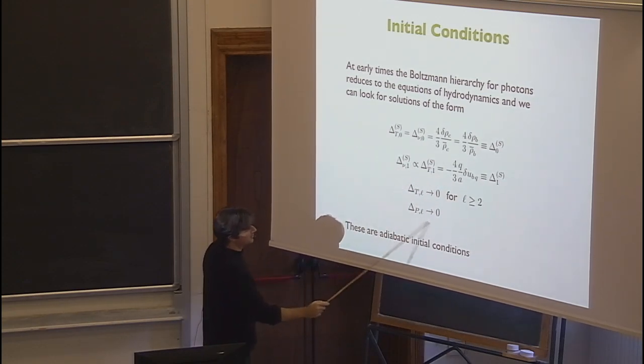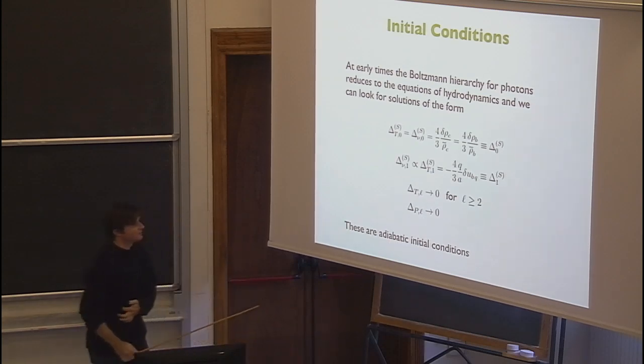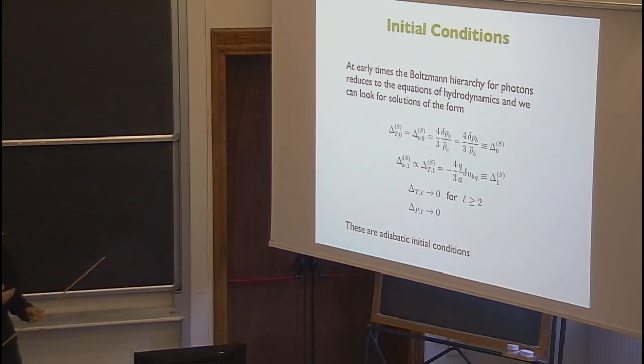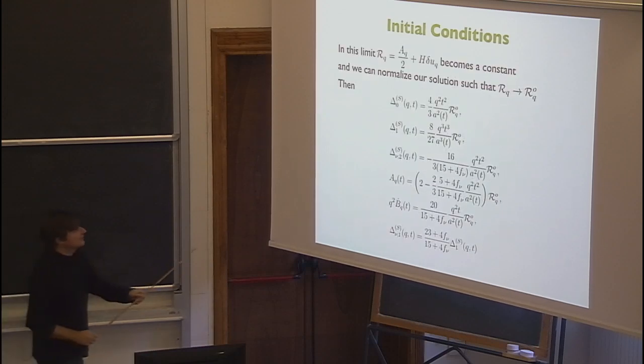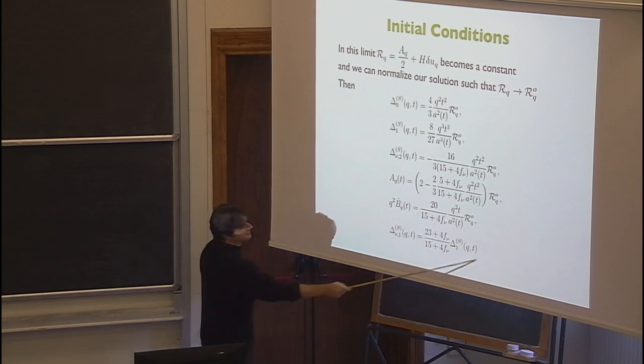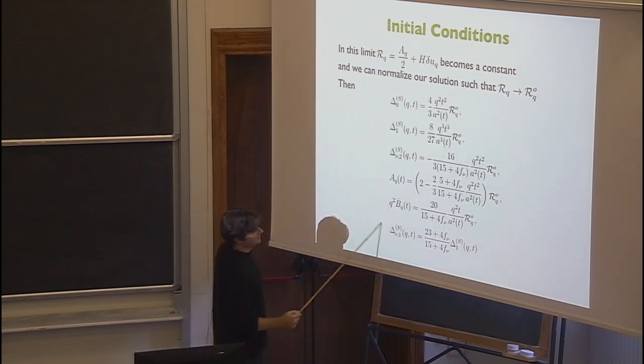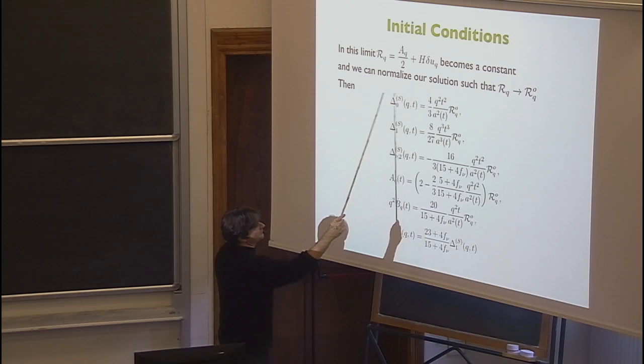And all the higher multipoles go to 0. These are what are called the adiabatic initial conditions, and then you really get a very simple system, and you can figure out the solution, again working in the limit where you assume that q over aH is small, and you get a solution that looks like this. It's just to show that you can work it out. It doesn't take long if you put it in Mathematica.